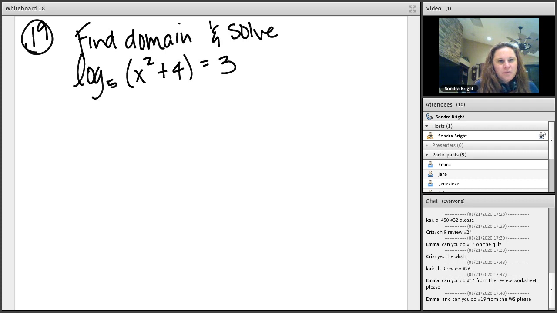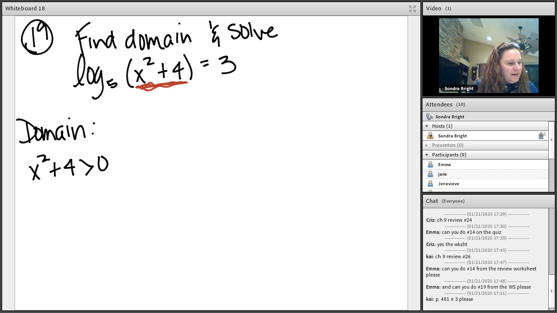So let's start with the domain. So domain is going to be whatever is after the word log, right? Not the base part, but this is called the argument. That guy must be greater than 0. So for your domain, it's x squared plus 4 is greater than 0.